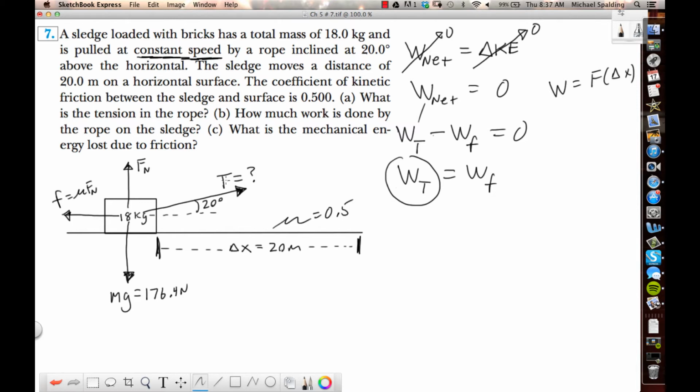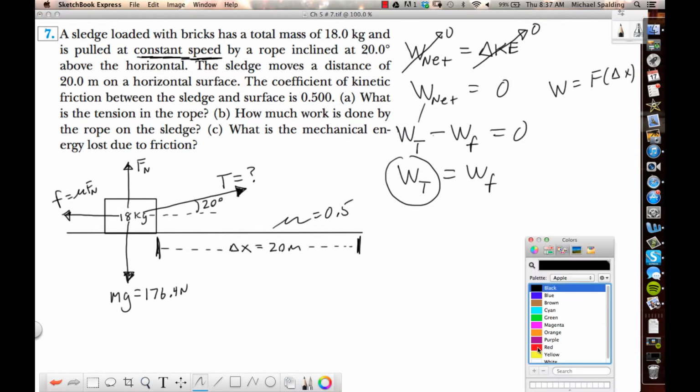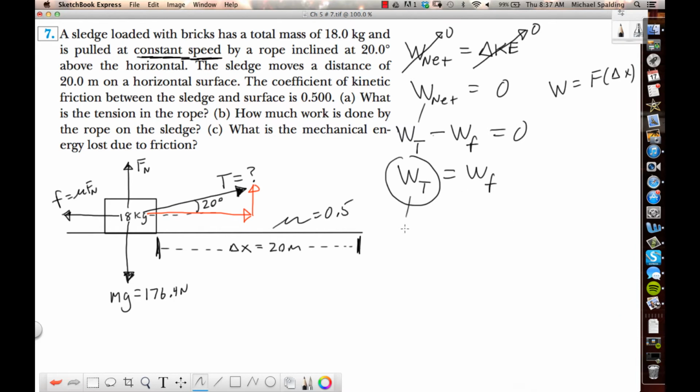So what can we say about the work done by the tension? Well, look, is tension parallel to the displacement? So what are we going to have to do? We're going to have to break this into components. Tension has x component and y component. The x component is parallel to the motion. So when we do work of tension here, I'm just using this equation right here.